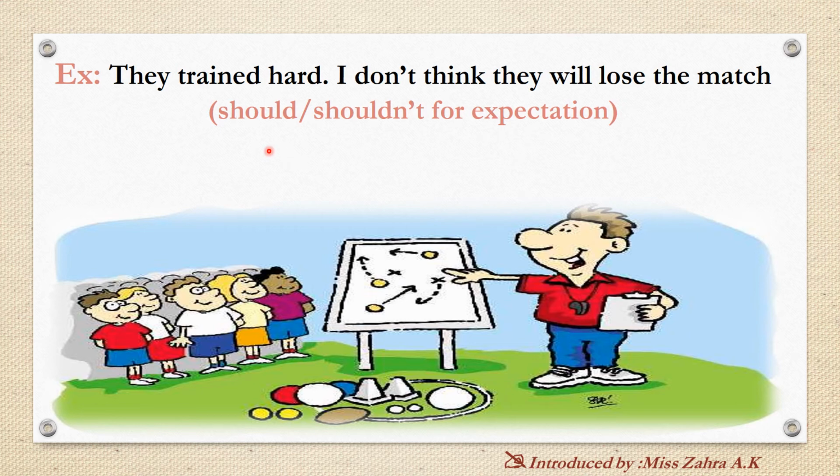إذن هل أستخدم should و shouldn't بنفس الوقت؟ No, not that. I use should or shouldn't. يعني إما أستخدم should أو shouldn't. فنلاحظ من خلال الجملة منو هو الأصح، أستخدم should في حالة الأفيرماتيف، أو shouldn't في النيجاتيف. فنرجع للجملة they trained hard. هم تدربوا جيدا.